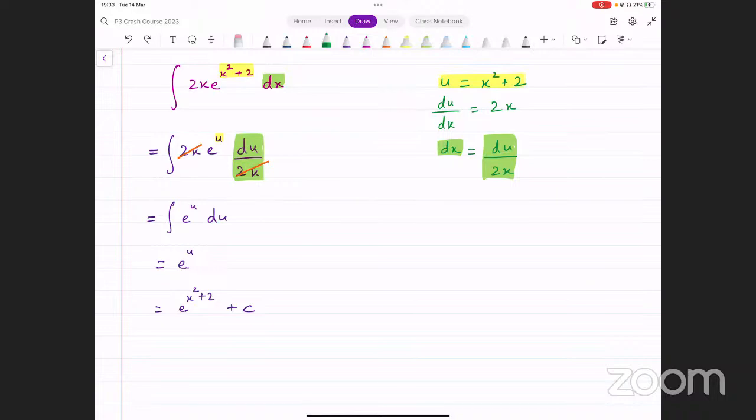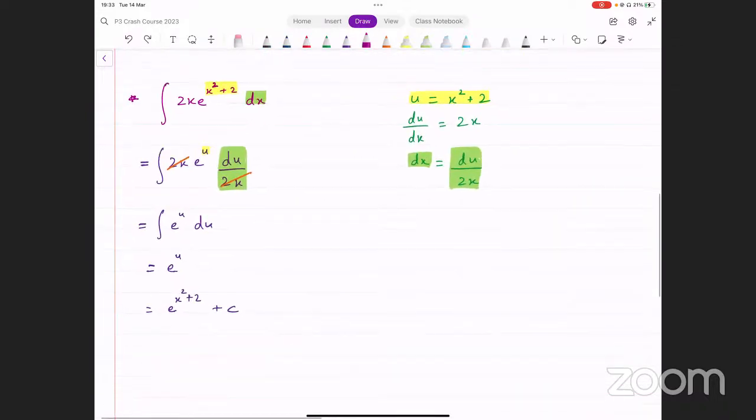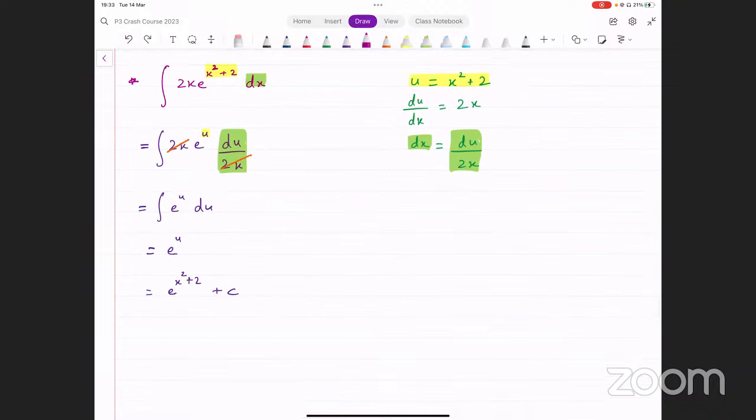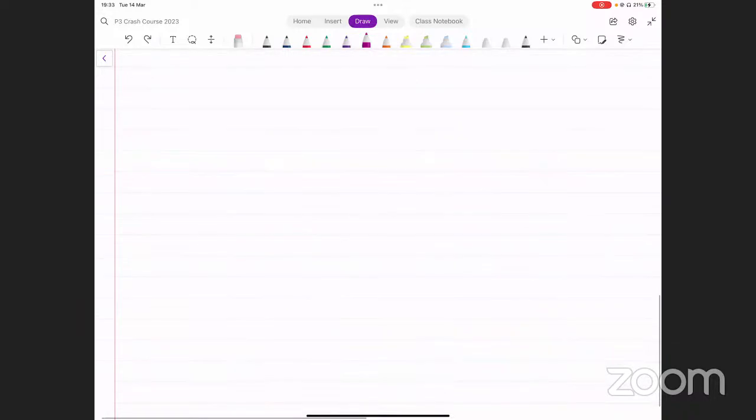Let's say we have another example, and that looks like this. So this was the previous one. If you want to have a look at this whole thing, this is what we did here, okay? Let's move on and take another example. Let's say we have to integrate 4x into square root of 2x plus 1 with respect to x.